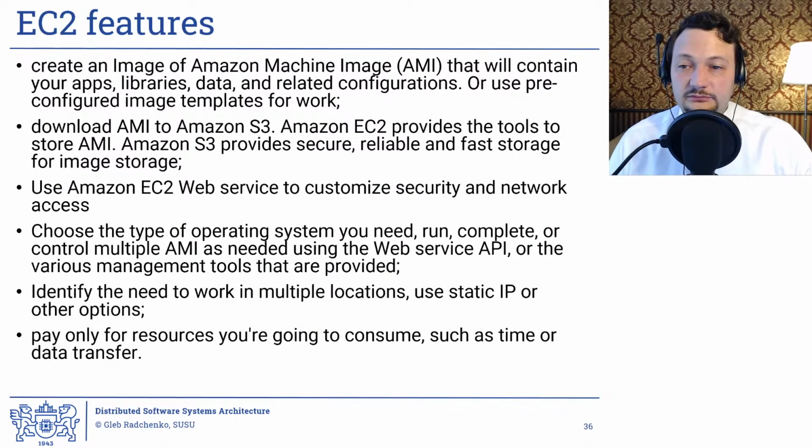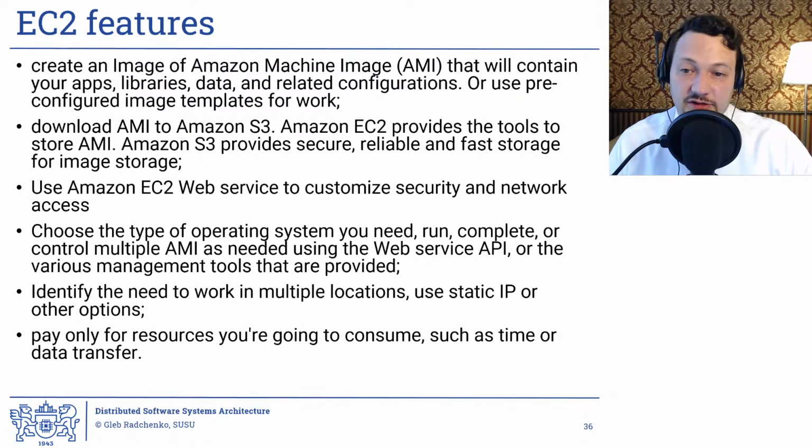So Elastic Compute Cloud allows you to create an image from the Amazon Machine Image that will contain your apps, libraries, data. You can download this image to Amazon S3 to save it if you would like. You can use the Amazon Elastic Compute Cloud web interface to customize the security and the network access for your virtual machines.